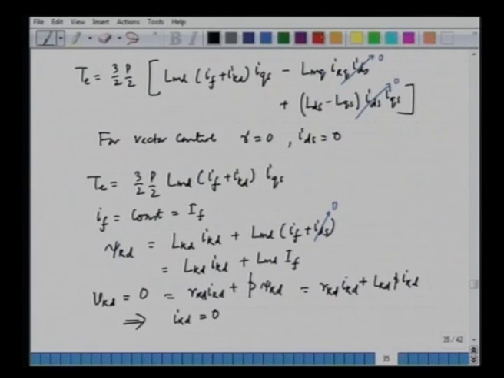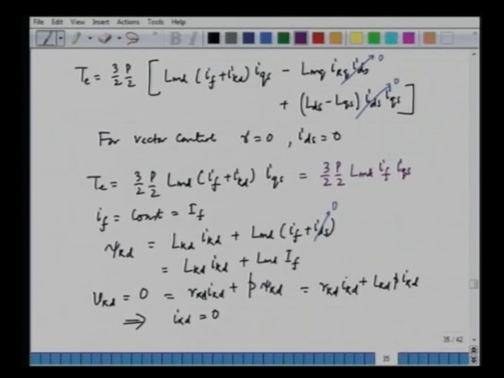We can write that this is equal to 3 by 2 into P by 2 into LMD into IF into IQS. IKD does not exist because we are keeping the field current constant.